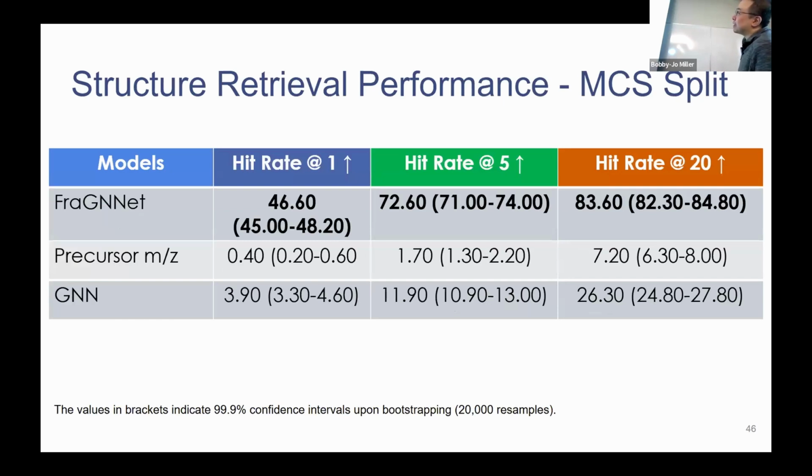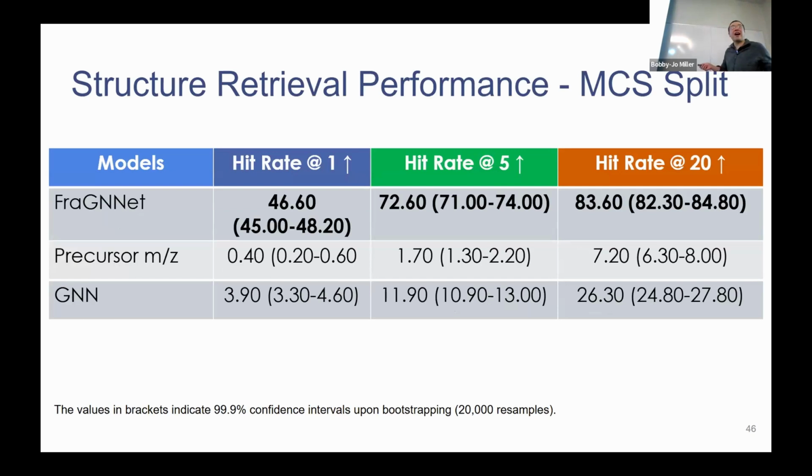The retrieval test was actually a very big surprise to us too. FraGNNet is actually doing a very decent job, with 46.6% top one hit, compared to our baseline model, which has less than 1% accuracy in the top one.